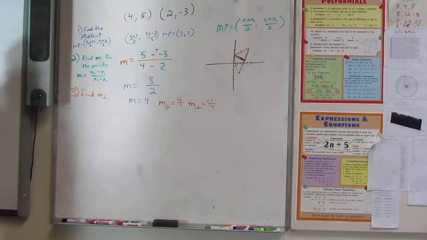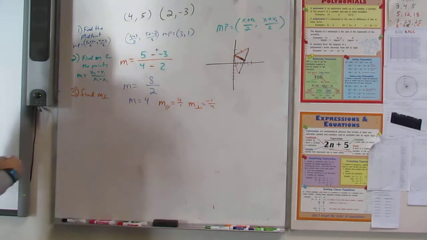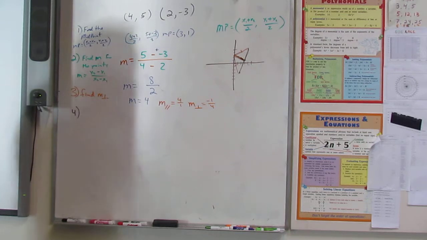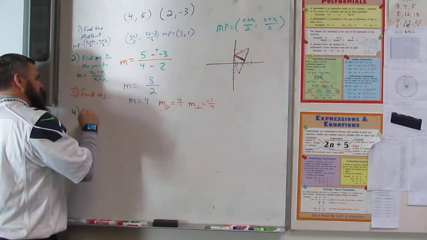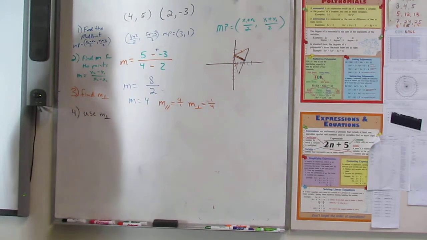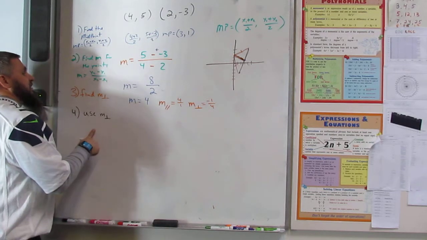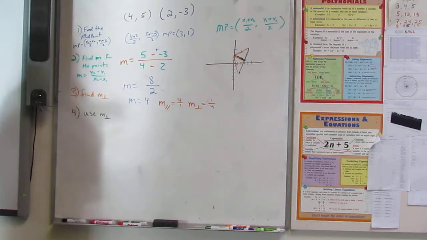Okay? And once you have that perpendicular slope, you can do your last step, which is use m perpendicular to find the y-intercept.